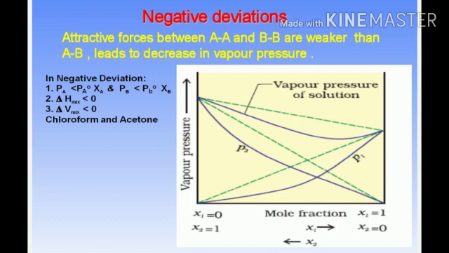In the figure, purple lines represent negative deviation and dotted lines represent ideal solution. Let us consider a binary solution of two components A and B showing negative deviation. In the solution under consideration, AB forces of attractions is greater than AA and BB forces of interactions.